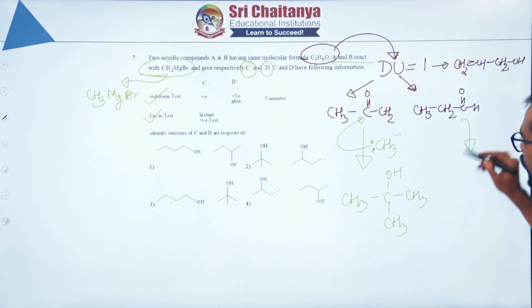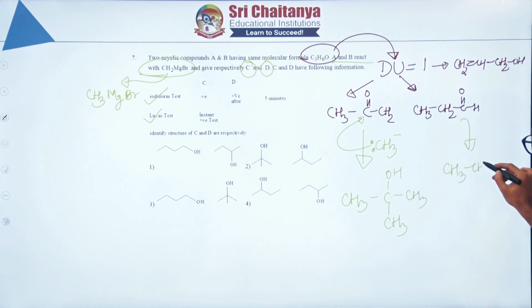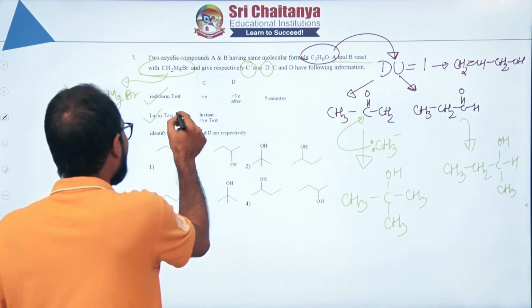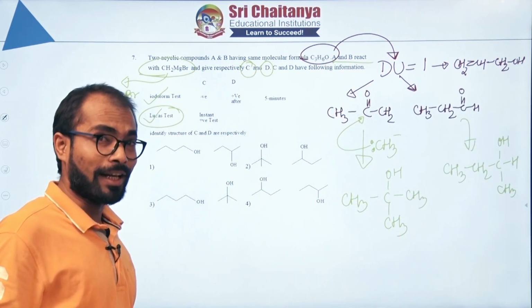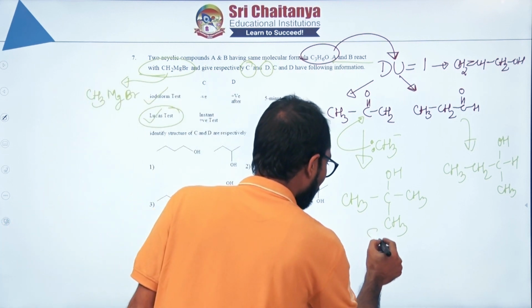Here, on the other hand, I will get a 2-degree alcohol. 1 CH3 will come here, and this will become OH, and there is that hydrogen intact. Now, who is going to give you Lucas test instantly? Obviously a 3-degree alcohol, right? So, this is my C.